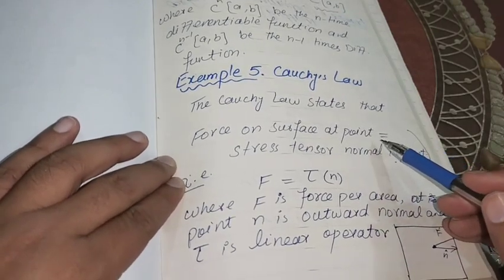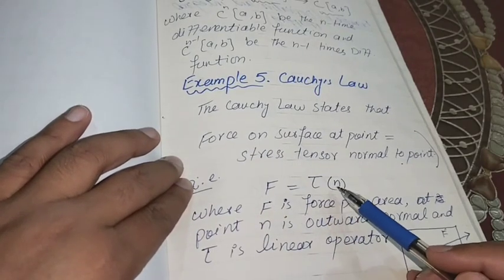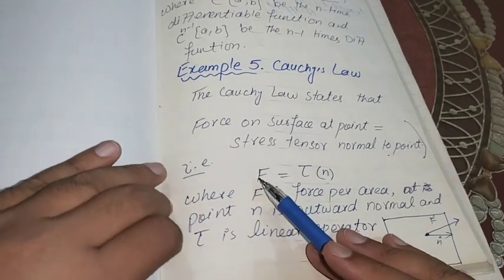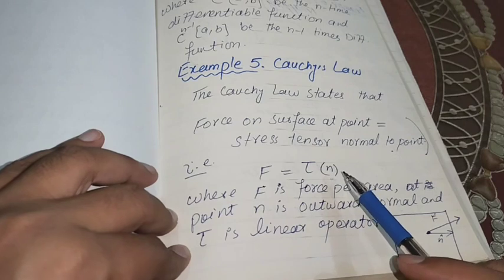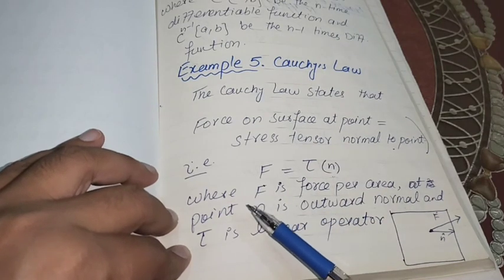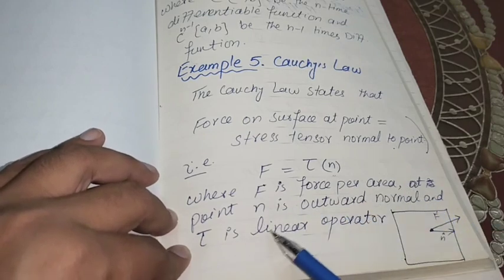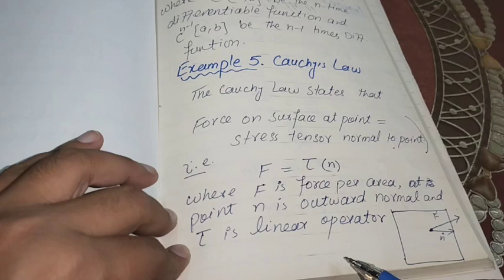Mathematically, we write this condition as F equals tau of n, where F is the force on the area, n is the outward normal, and tau is the linear operator.